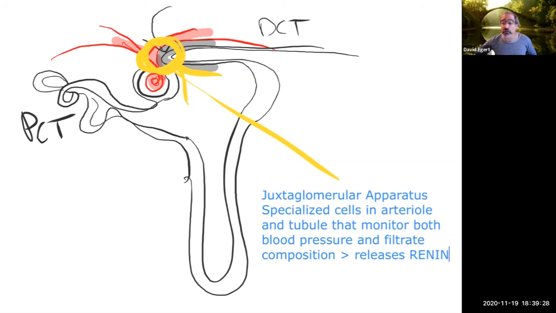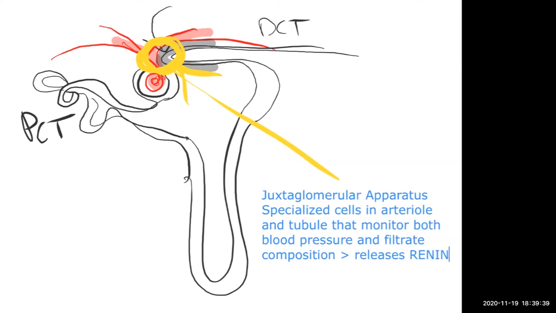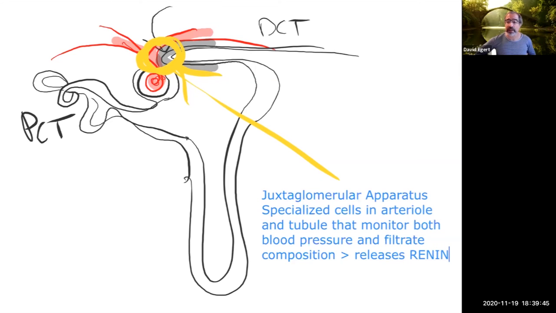Just as a review for your exam on Tuesday, what happens next once it releases renin? So that converts angiotensinogen into angiotensin 1. Exactly. So first step, angiotensinogen becomes angiotensin 1. What happens next?